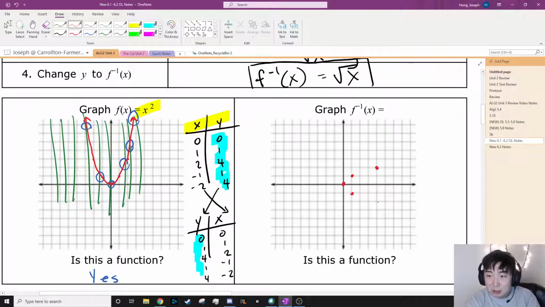Becomes like this. So if I connect the dots, it'll look something generally like that.